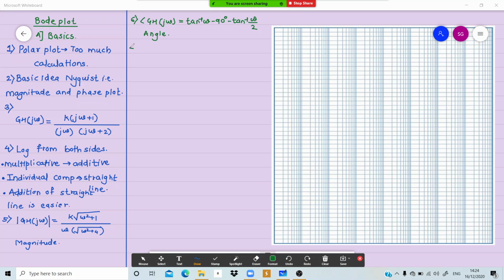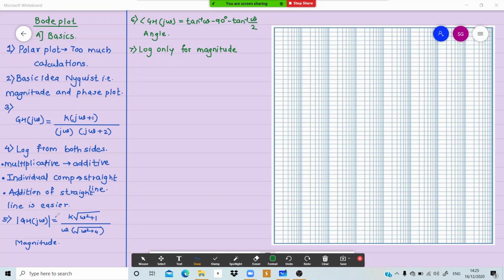That means log only for magnitude. Whatever points I'm telling you now, if you add them all, the idea of Bode plot will be more clear.